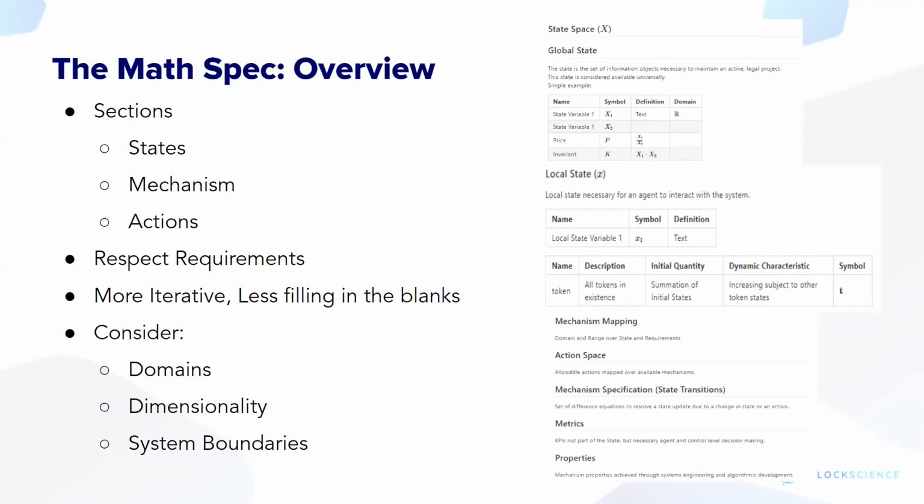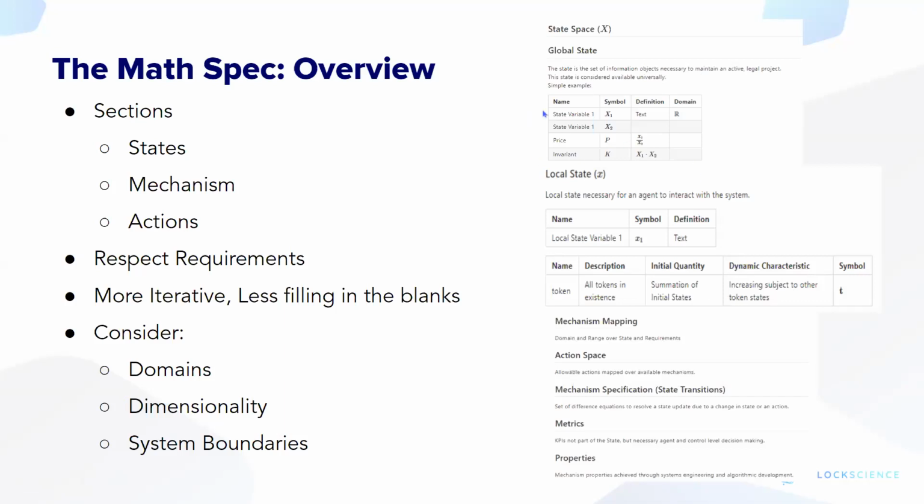Okay, so we're going to go into all the different pieces that make up our mass spec. This is the entire overview of what is in here, but we'll go through each one individually and talk about those.